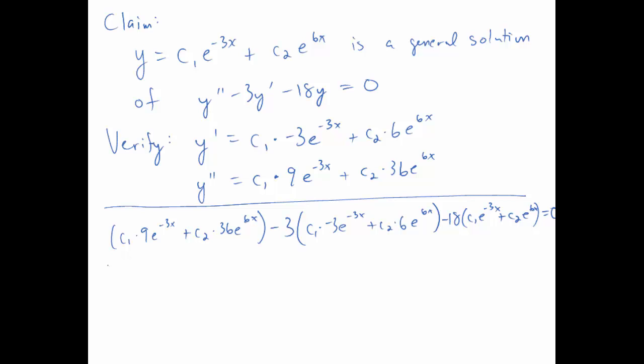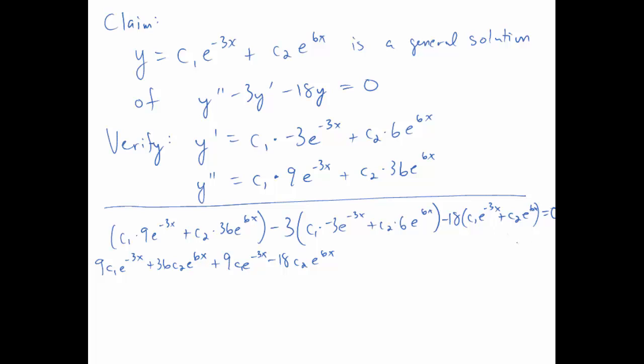So I've got 9 c1 e to the -3x plus 36 c2 e to the 6x. Distributive property: plus 9 c1 e to the -3x minus 18 c2 e to the 6x.